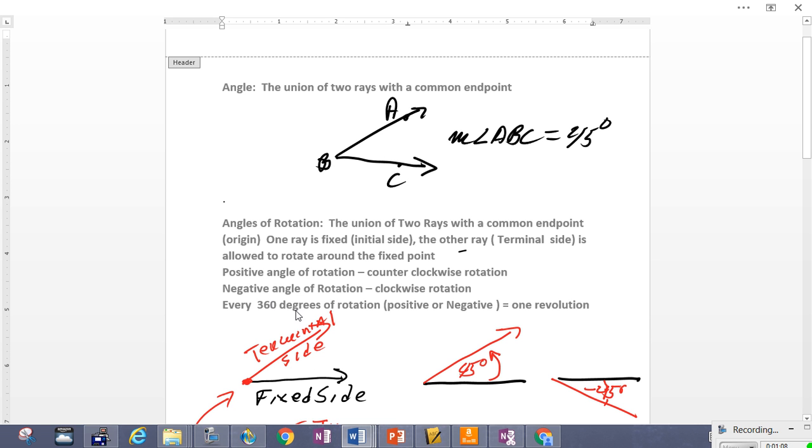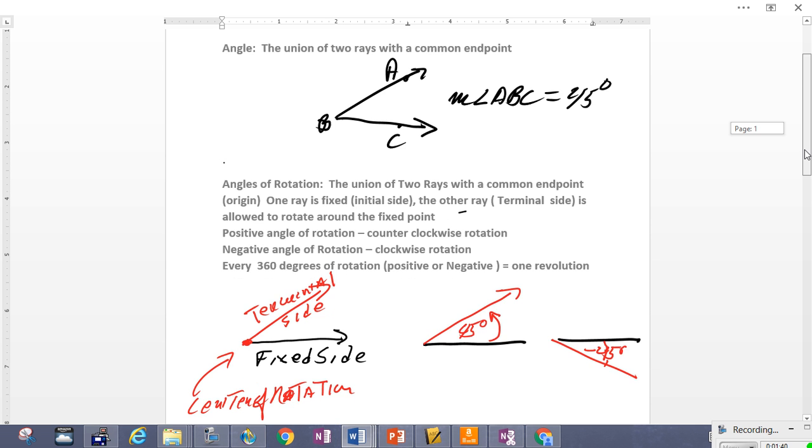By convention, when we sweep in the positive direction, we are going counterclockwise. So here's a 45-degree positive angle as opposed to a 45-degree negative angle. Convention tells us that counterclockwise direction gives positive angles of rotation, and clockwise angles are negative angles of rotation.